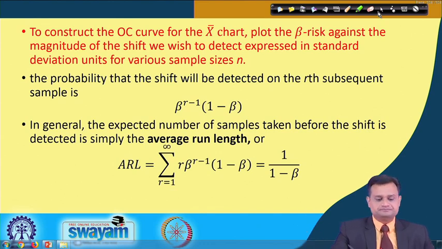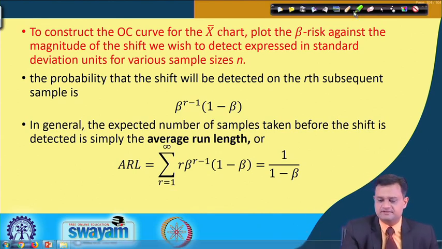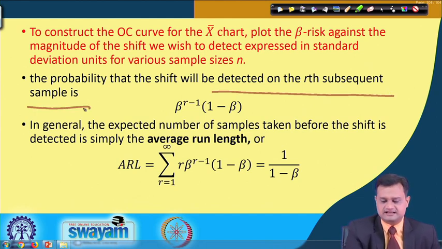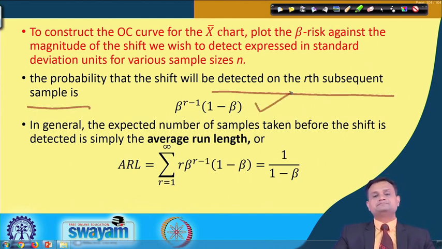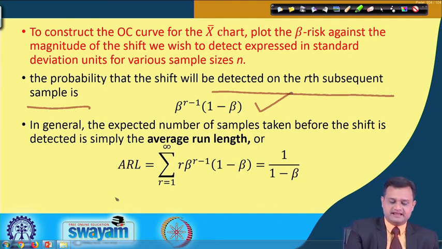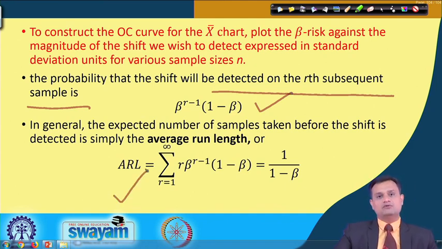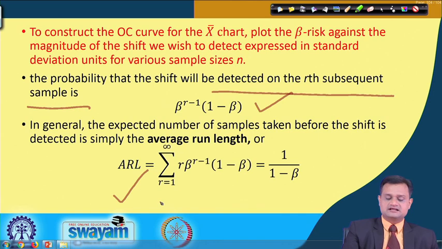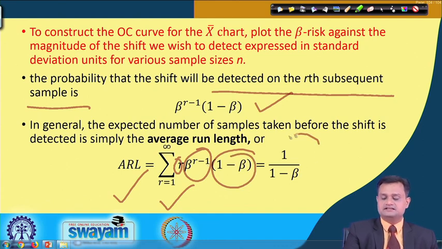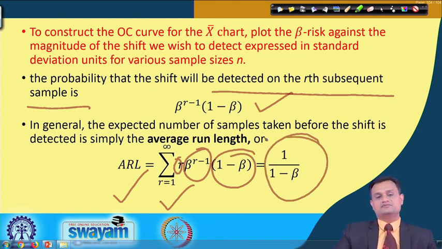So the probability that shift will be detected on the rth subsequent sample can be easily expressed as beta^(r-1)(1-beta). I am considering both the event as well as complementary event, and my average run length will be, we have already seen this in detail, ARL = sum over r = 1 to infinity of r beta^(r-1)(1-beta), and the simplified version of this is 1/(1-beta).